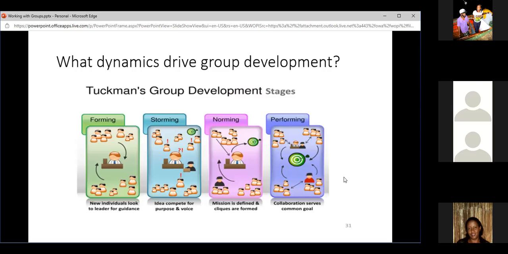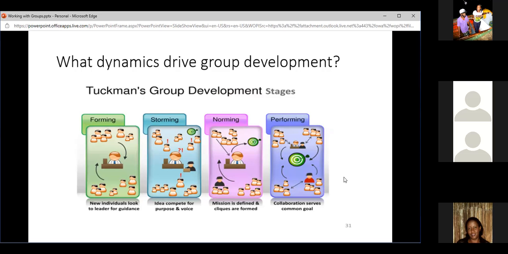We go on then to look at the dynamics of group development. Groups begin somewhere. Again, earlier we looked at why people come together. So they come together for a reason. It means that groups begin somewhere. And as groups develop from inception and as time goes by, the dynamics of groups change.